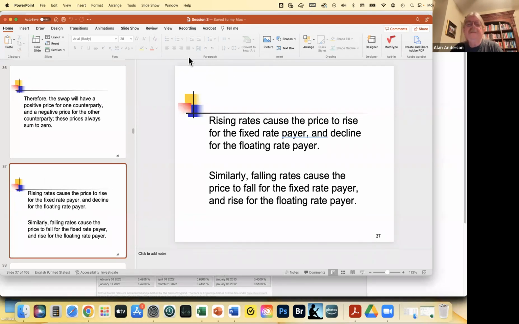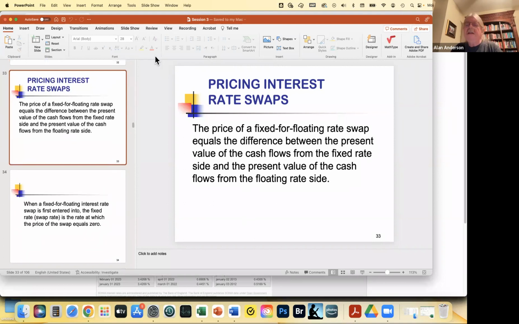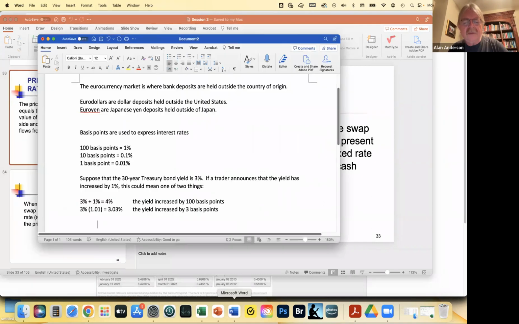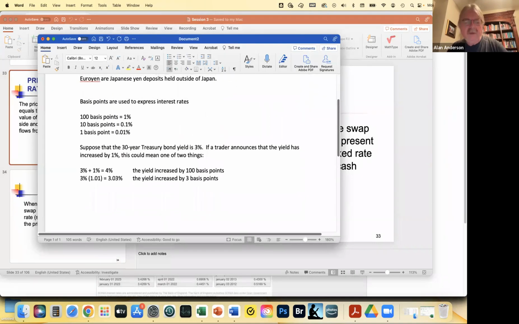Oh, all right, let's go back and start this again. Yes. So in other words, let's see, maybe I can make up an example real fast on here. Suppose that two counterparties enter into a swap.